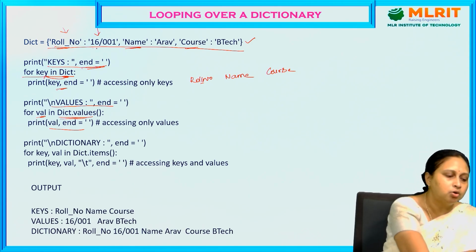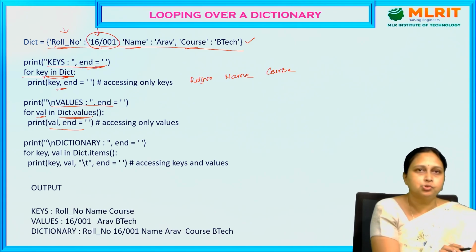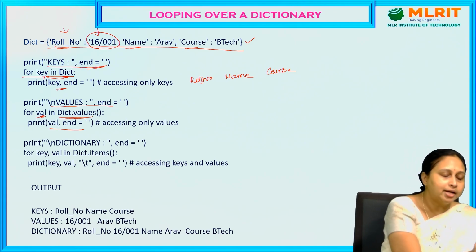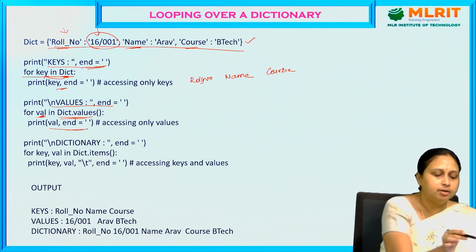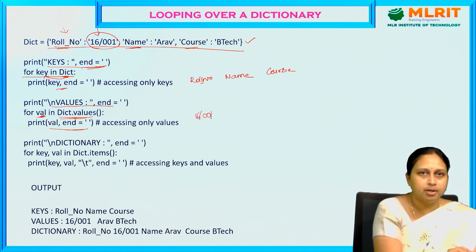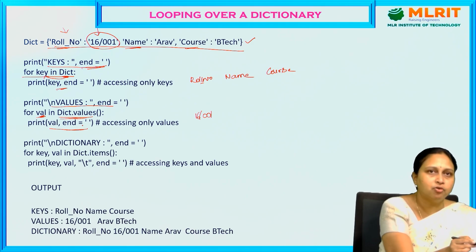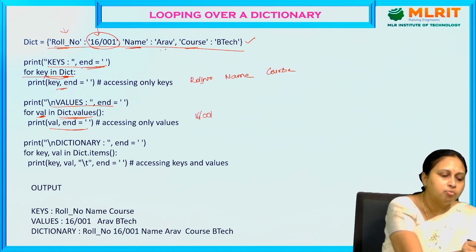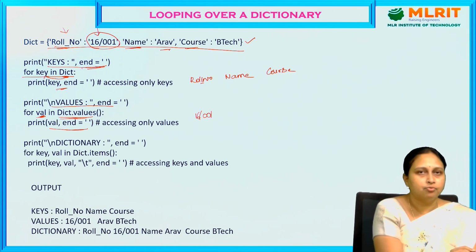First it checks dictionary dot values. What are the dictionary values? First we have 16 by 001. This value will be assigned to val, and it will be printed. 16 by 001 will be printed, and it still checks for the next value present in the dictionary. Yes, we still have one more value, that is error.